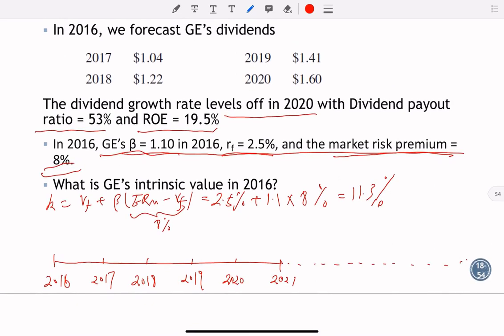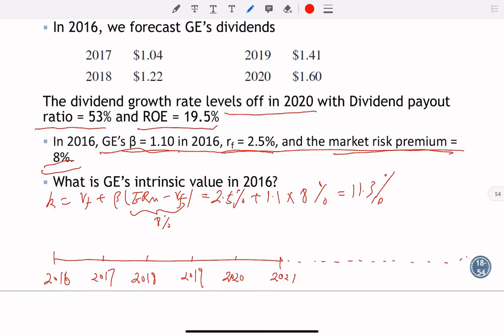You can see here we have GE's dividends. In 2017 we have 1.04, then 1.22, 1.41, and 1.60.